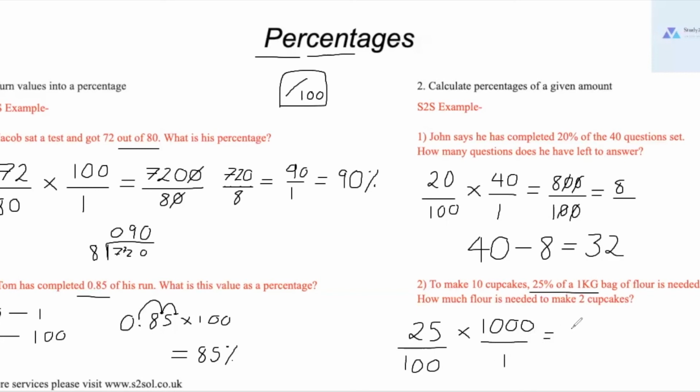That's simply 25 with 3 zeros, so that's 25,000 over 100. Remember, we can do the simplifying by each factor of 10. We're going to cancel 1 here and 1 here, 1 here and 1 here. That gives us a value of 250 over 1. Therefore, 25% of 1 kilogram is equal to 250 grams.